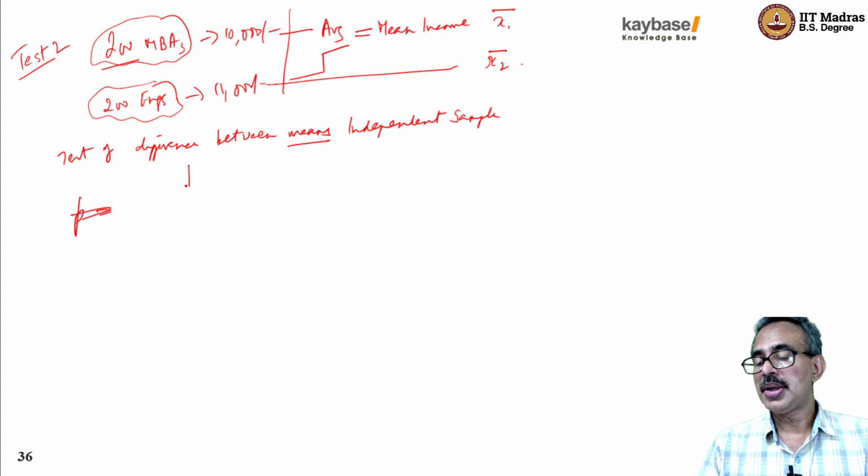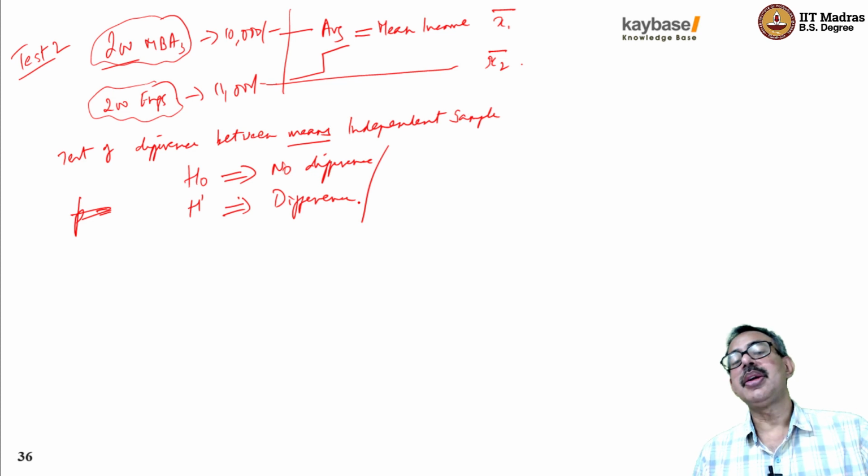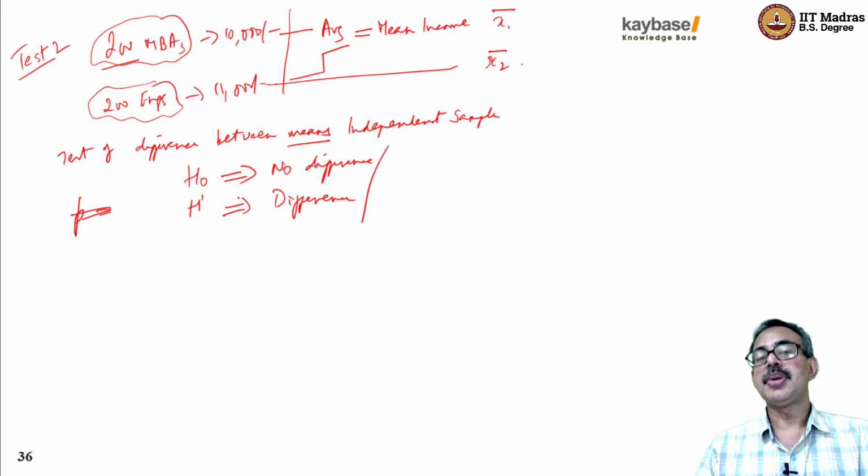So the null hypothesis is that there is no difference. The alternate hypothesis is that there is a difference. These are textbook things, null hypothesis. You don't even need to write it. You can just calculate the probability that the difference between 10,000 and 11,000 has occurred due to chance.